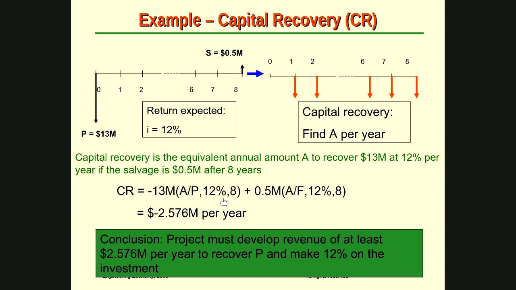That's why we have it as a positive, because if you want to recover within the 8 years, you can still exclude that part. In case you want to get rid of that project, you can still have the 0.5 million back to you, minus from the 13 of the initial investment.